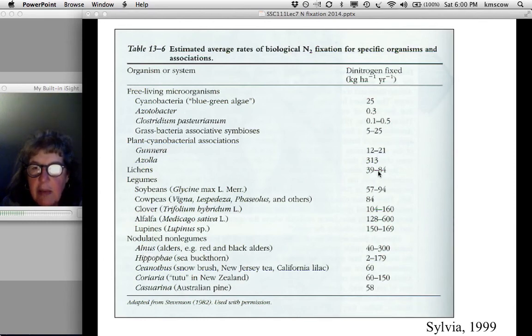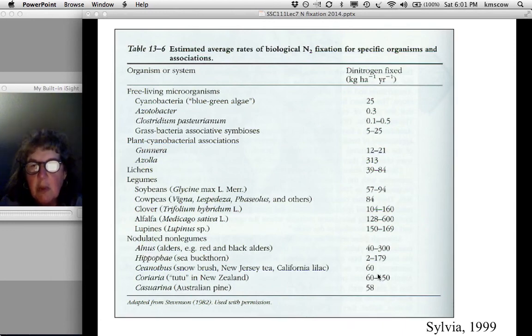Lichens aren't too shabby. They can fix at rates on the order of half of the legume relationships. And then the Frankia actinorhizal relationships are also pretty high, not quite as high as the legumes, but up there.